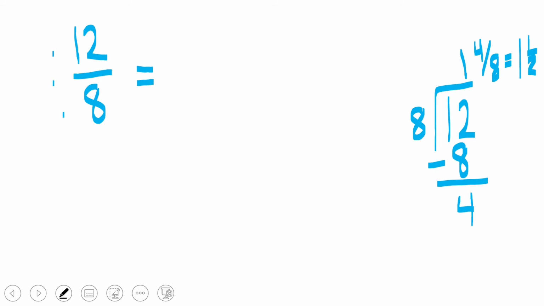Remember, the whole number 1 is part of our value, so it needs to transfer across the equal sign. So our reduced mixed number that 12/8 is equal to is 1 1/2.